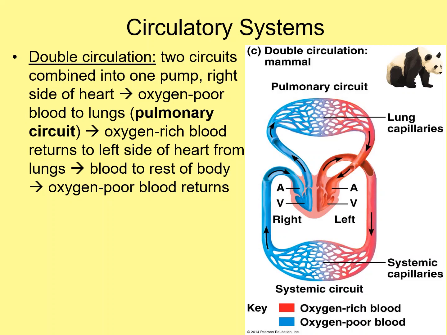And of course, we've got a lot more oxygen in the air that we breathe than in the blood supply that's going to our lungs. So the oxygen is going to diffuse into our bloodstream, which increases the oxygen supply in our blood.